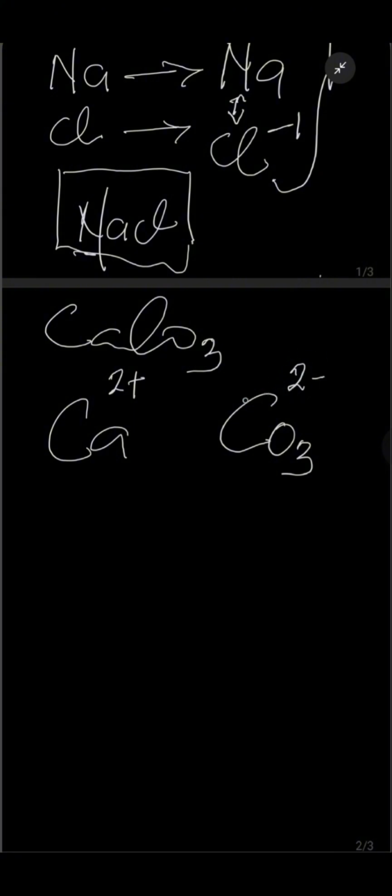So they also have 2 and 2. They will exchange valency because they are combining with each other. So the 2 of CO3 comes to calcium, and the 2 of calcium also goes to CO3. When we simplify, it will be 1 and 1 at the end of the day. And that is why we can simply write it as CaCO3.